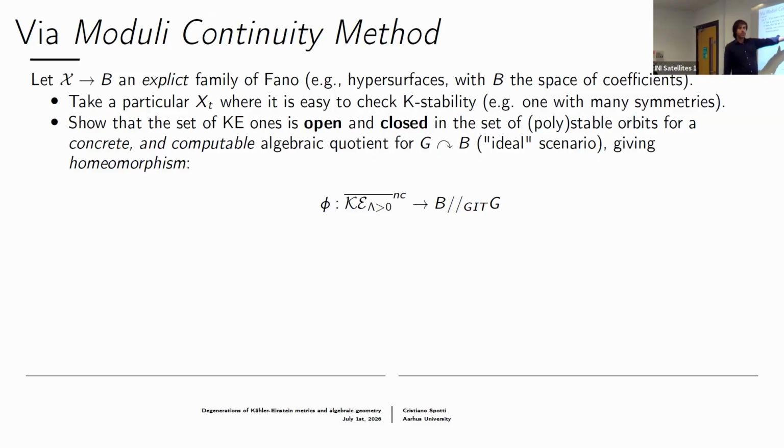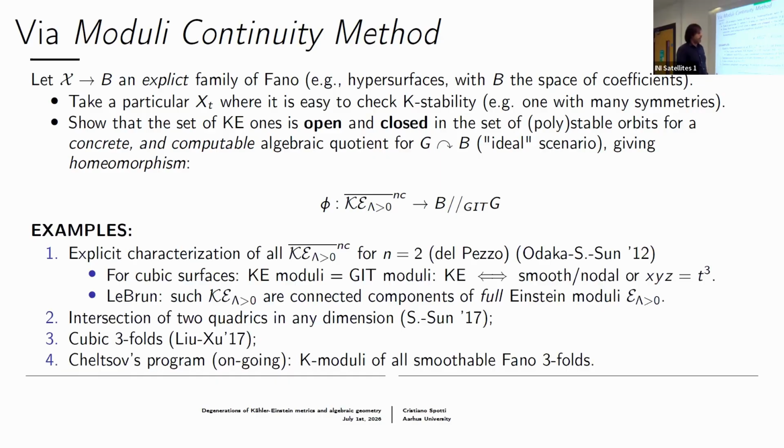It could be the Gromov-Hausdorff compactification, could be the abstract K-moduli that we know are the same. But this is very hard to compute. You want something that is computable, down to earth, where you can actually compute things. And this could be, for instance, a specific GIT quotient, as we saw in the previous example of points coming together. So there is the abstract existence of the moduli space and the concrete, where you actually say, I know how points collide and things like that.